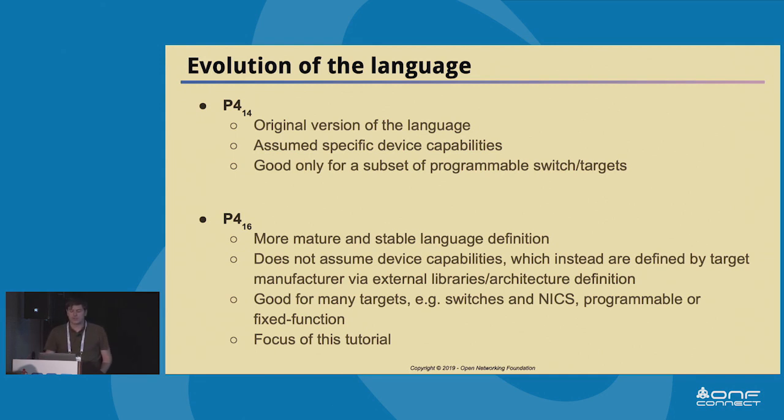This is a more mature and stable language definition. It does not assume any device capabilities, but instead provides this concept of depending on external libraries and architectures that are device-specific, and I'll talk about this in a second. Because of this, it's good for many targets, not just switches but also network interface cards, not just programmable switches but also fixed function switches. So today we'll be using P4.16.